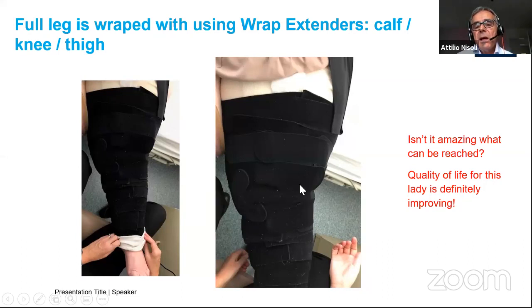Now she's walking every day around the block, and she's improving and improving. With wearing the wraps, she has a much, much better quality of life, and we can maintain at least this lymphedema, or mixture, as I said, of lymph and lipedema. We can maintain the volume more or less, and she's quite happy with it.